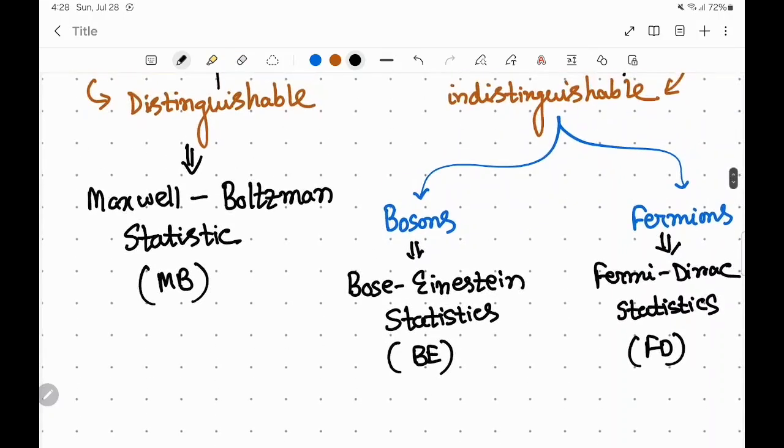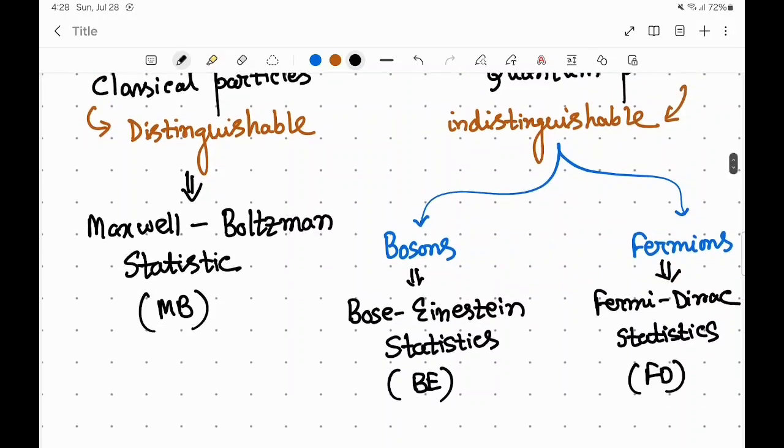So essentially, we will study in statistical mechanics three types of statistics: Maxwell-Boltzmann for distinguishable classical particles, Bose-Einstein for bosons, which are quantum mechanical particles, and Fermi-Dirac statistics for fermions. So three types of statistics are there.